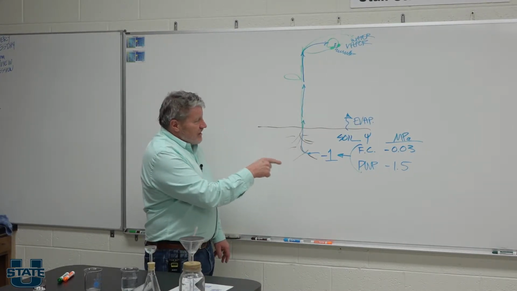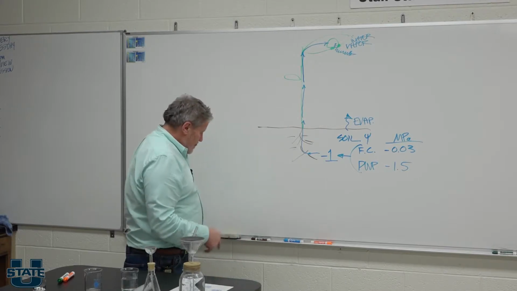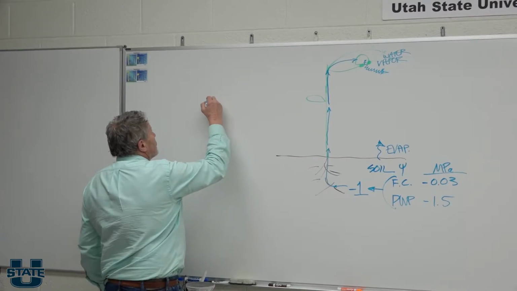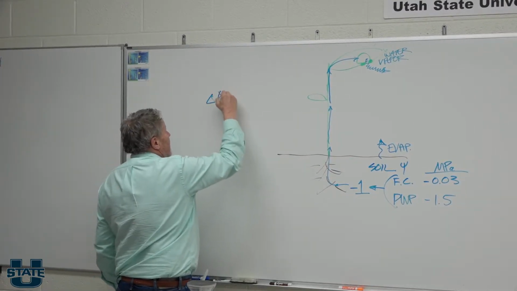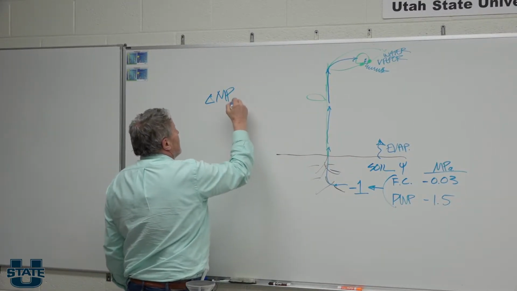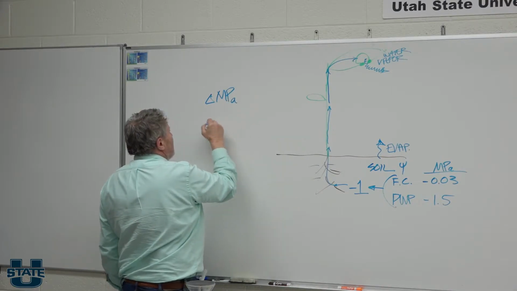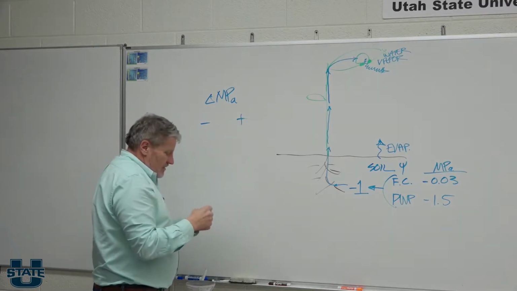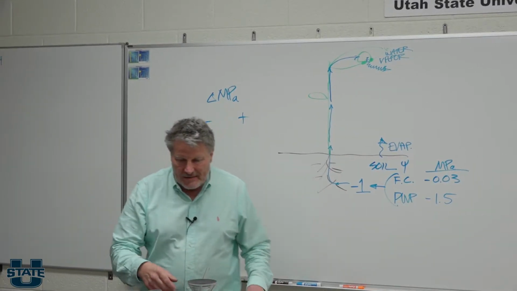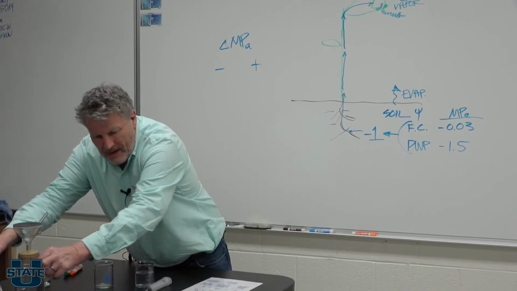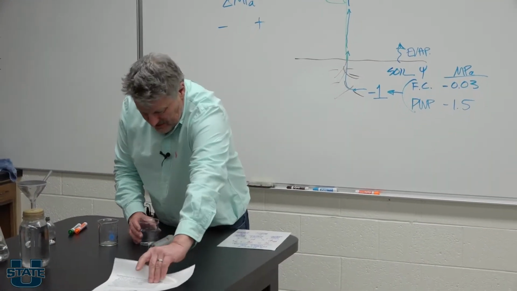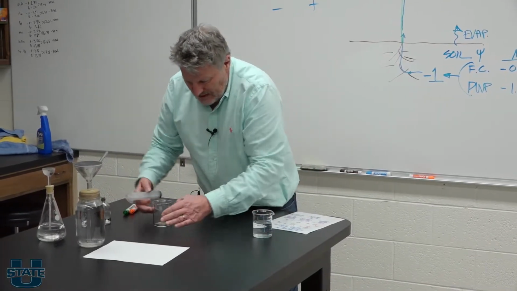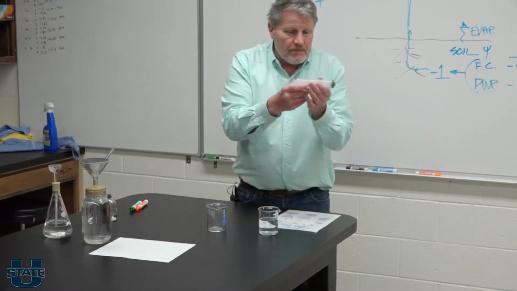So to understand plant water potential, when we do delta MPa, megapascals, that can be either negative or positive, and here's the best way to think about that. Let's move our demo over here. Here's a syringe.